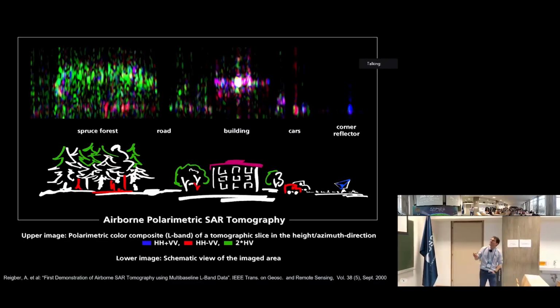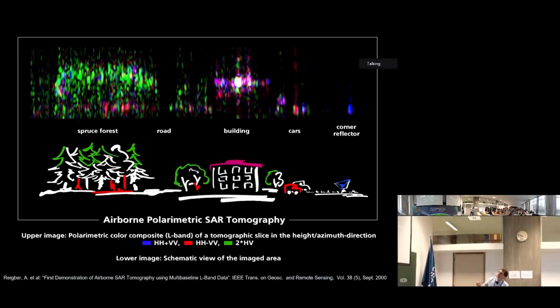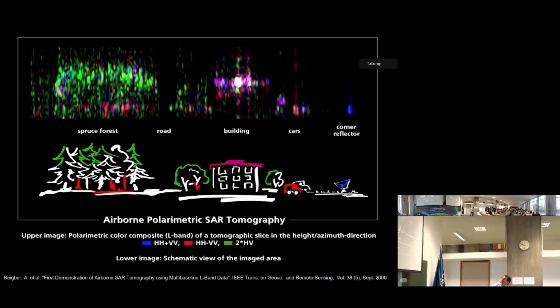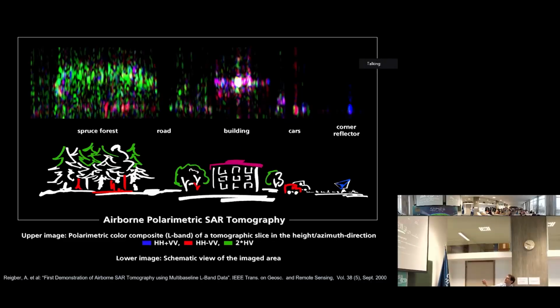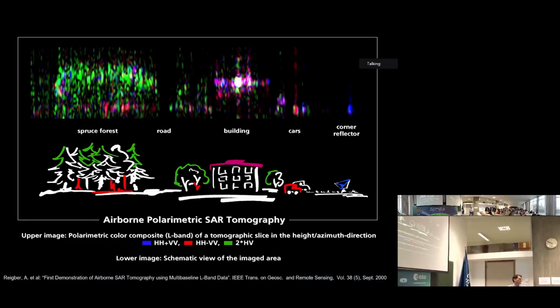On the forest you have a dihedral contribution at the ground, the Pauli is red, and then you have a lot of volume in the canopy. At the building you have a lot of dihedral, and surface at the roof. Then you have some dihedrals at the cars, double bounces between the car and the ground. And then you have a corner reflector here that appears blue in the Pauli.